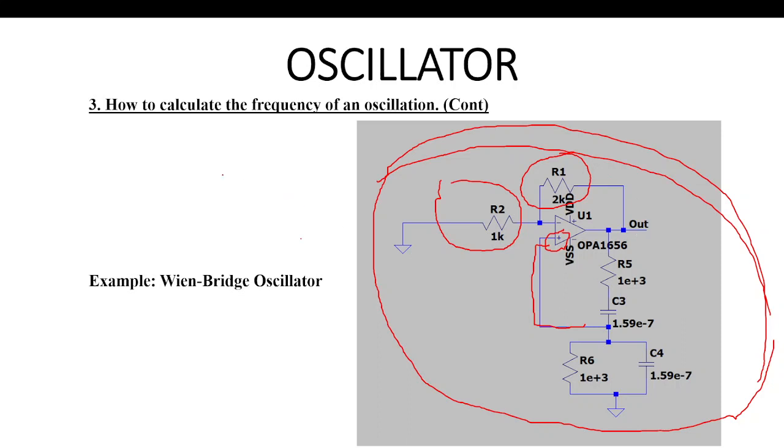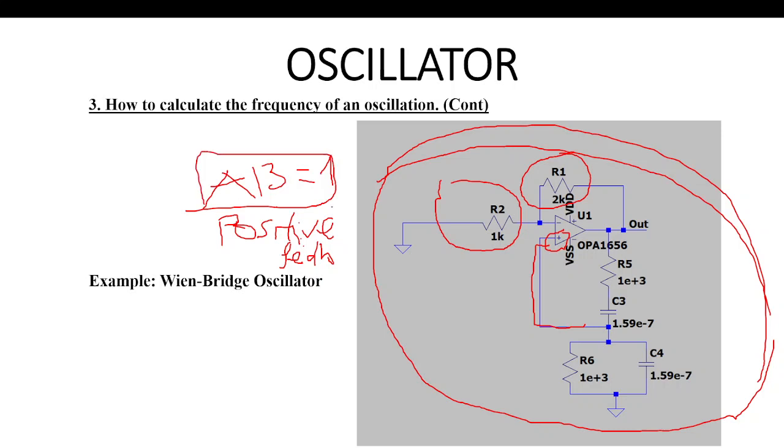As a result, our loop gain AB will be equal to 1 in the positive feedback. And again, according to the Barkhausen criterion, in the positive feedback, if the loop gain is equal to 1, definitely at the output we will have an oscillation.